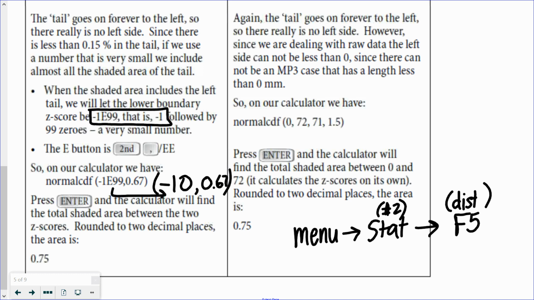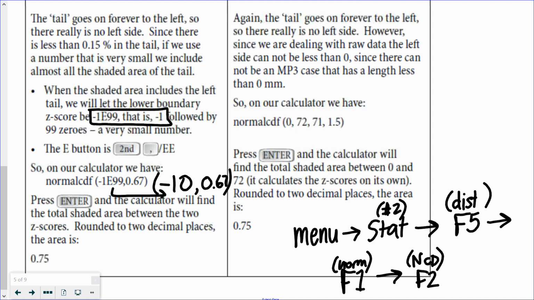Then you press F1, which says norm above it, meaning normal distribution. And then you press F2, which says NCD. So again, it's looking for the cumulative area under a normal distribution, NCD.